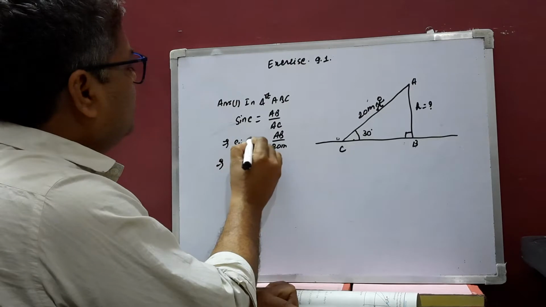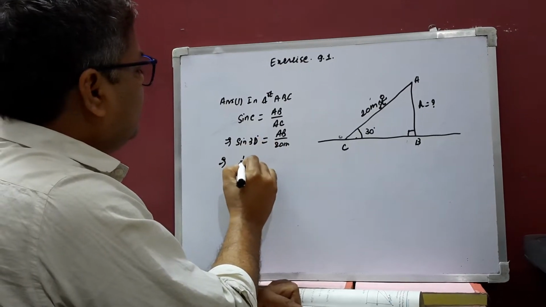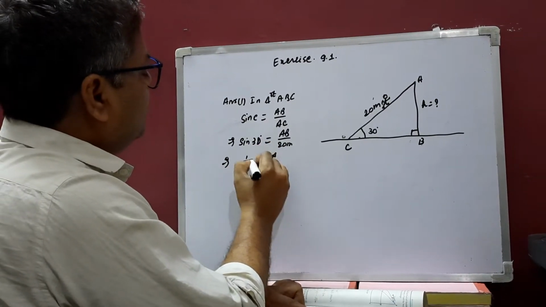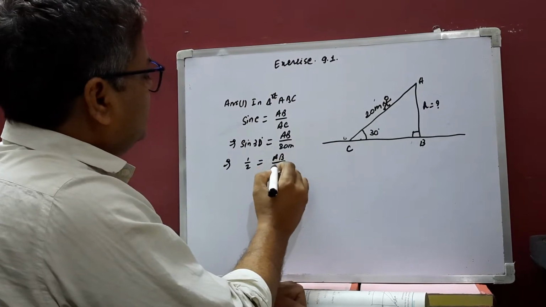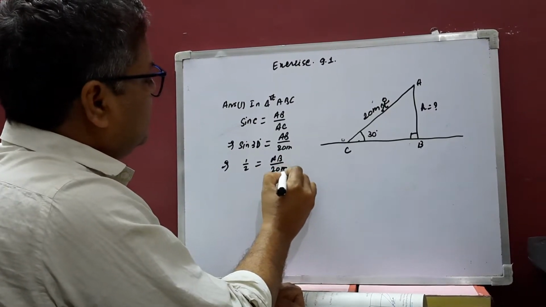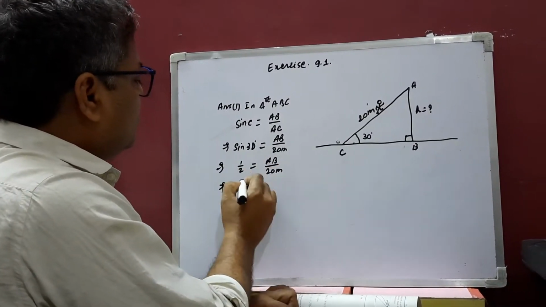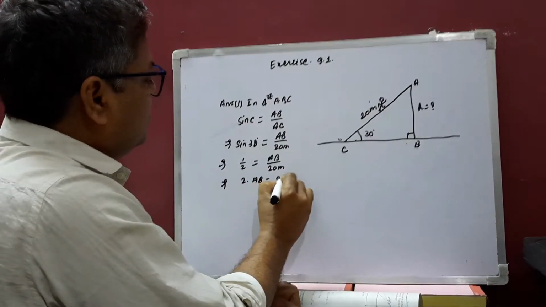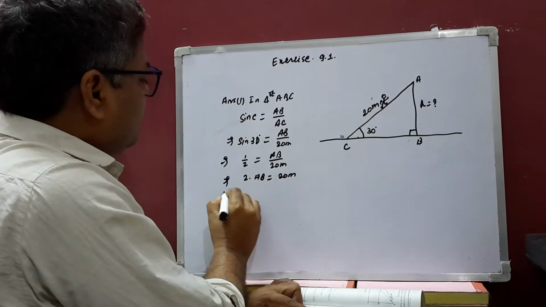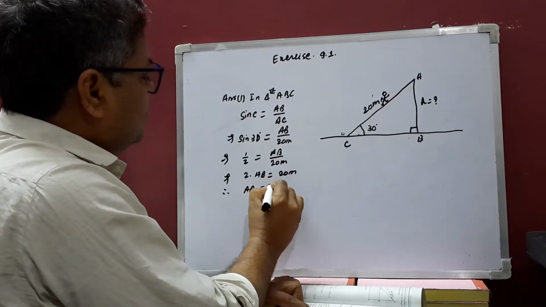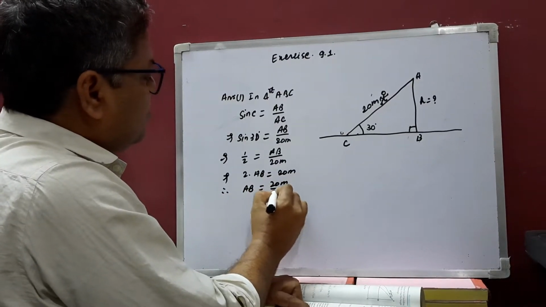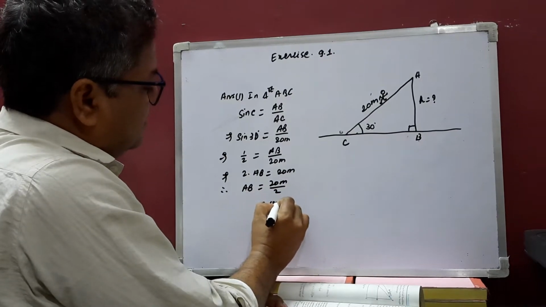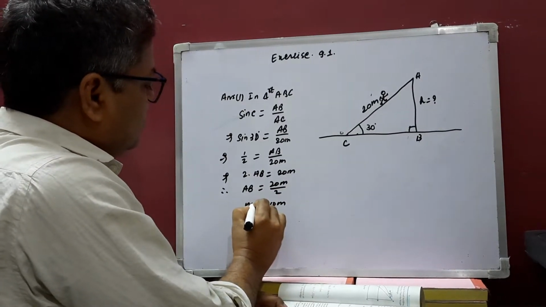As you know, the value of sine 30 degree is half, so you will put the value of sine 30 degree here. This is 20 meter. Now do the cross multiplication. 2 into AB is equal to 20 meter. Therefore AB is equal to 20 meter by 2, which is 10 meter, and this is your final answer.